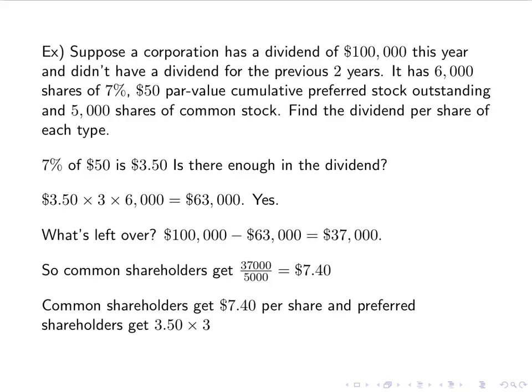Preferred shareholders get the $3.50 times the 3, because again, the 2 previous years plus this year. So the preferred shareholders are getting $10.50 per share. Okay, so again, with the cumulative, you have to multiply it by how many years they're getting paid for. This year plus any previous years that didn't have a dividend.